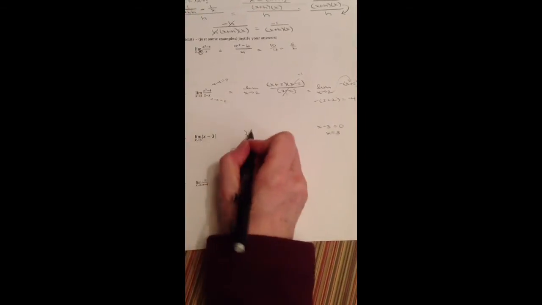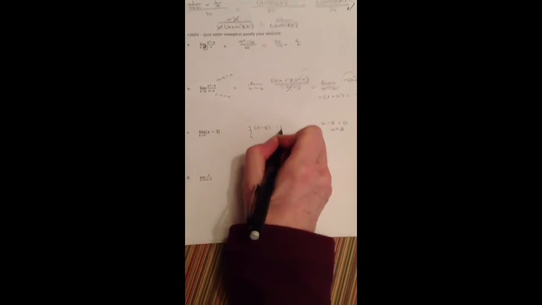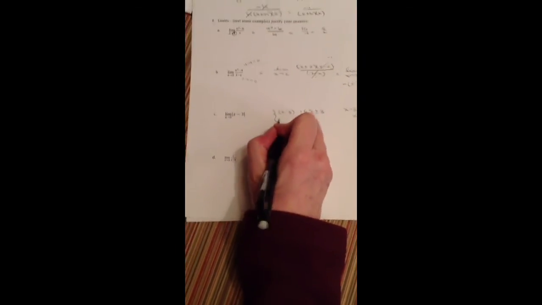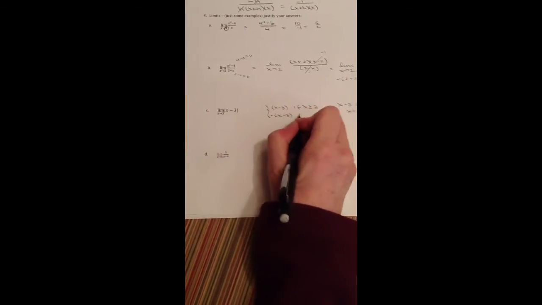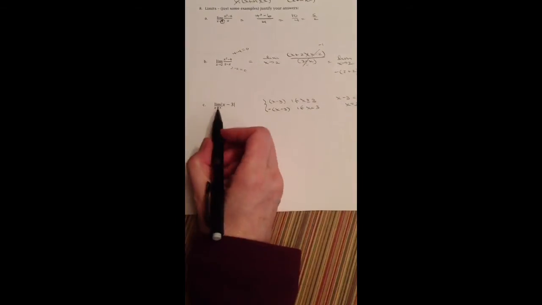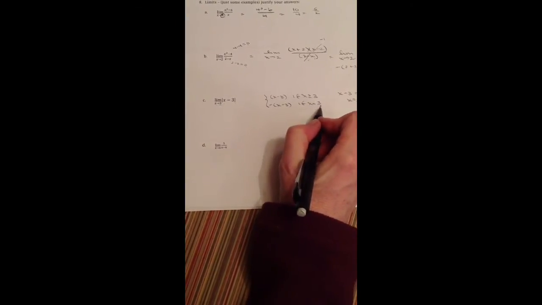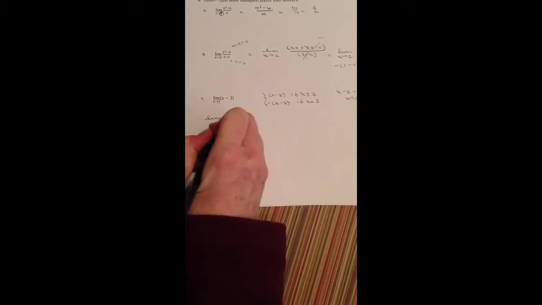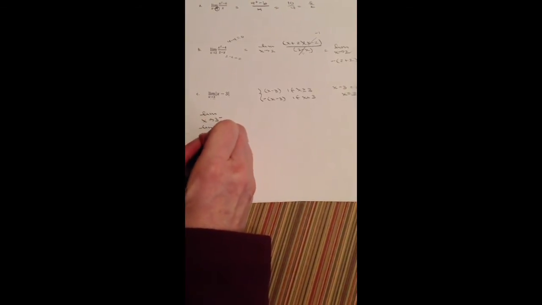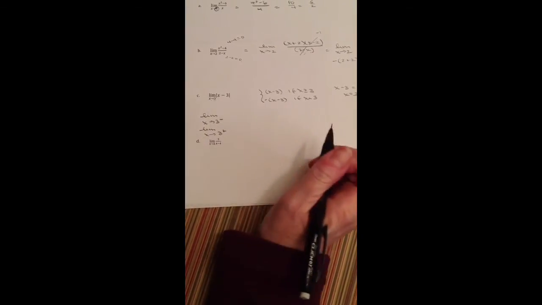So this function is x minus 3 if x is greater than or equal to 3, but it is the opposite of x minus 3 if x is less than 3. In order to take a limit as x approaches 3, because that's where my function breaks apart, I have to take the limit as I approach 3 from the left and the limit as I approach 3 from the right, and see if I get the same thing.